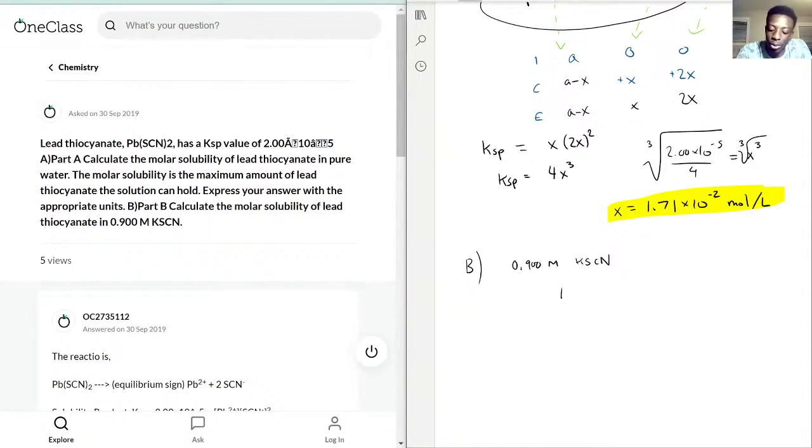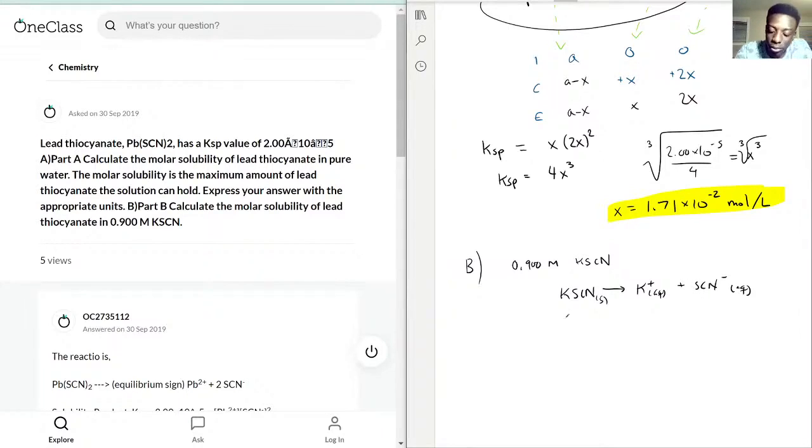So if we wrote down the formula, KSCN, it'd just be an arrow going one way, K plus aqueous, again because this is solid, plus SCN minus aqueous. This is what it turns into.